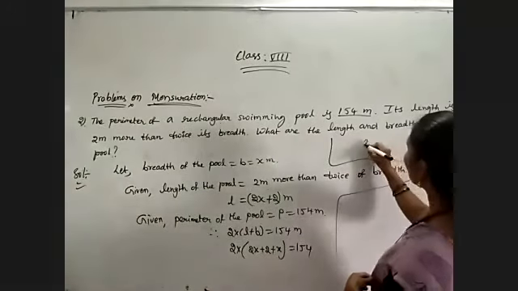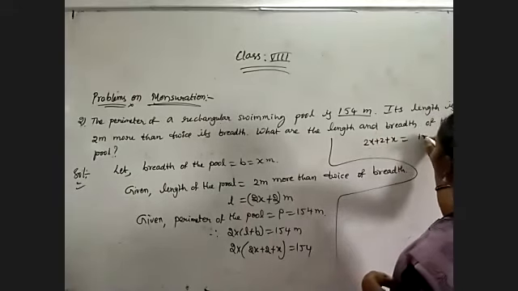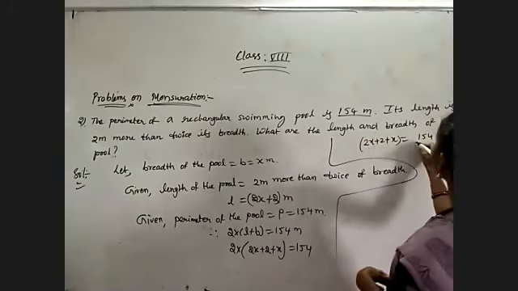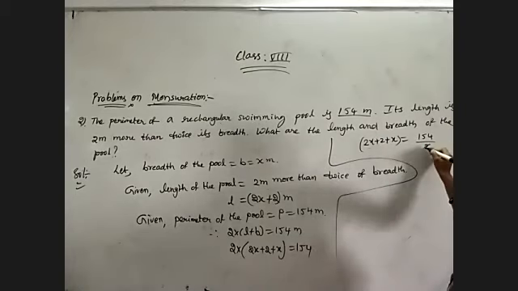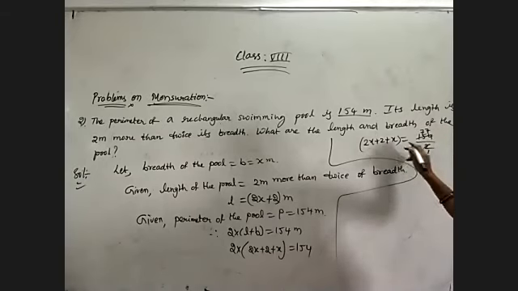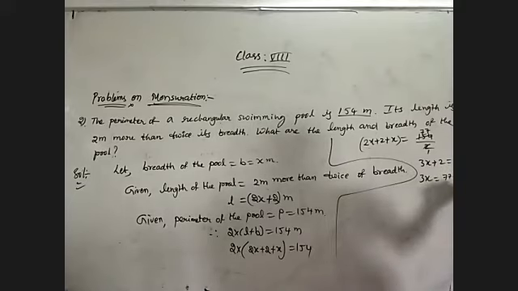What we will get? 2x plus 2 plus x is equal to 154 by 2. Because here it is multiplication, by bringing this side, division. 2 ones are 2, 2 sevens are 14, 2 sevens are 14. 2x plus x is 3x, plus 2 is equal to 77. 3x is equal to 77 minus 2, because plus 2 by bringing this side becomes minus 2. So 3x is equal to 75.